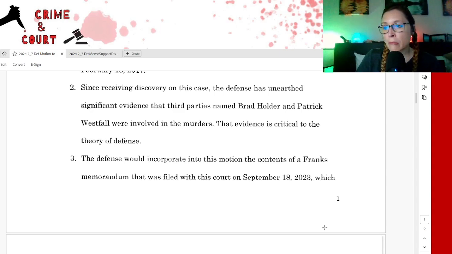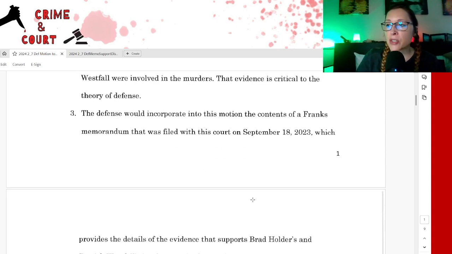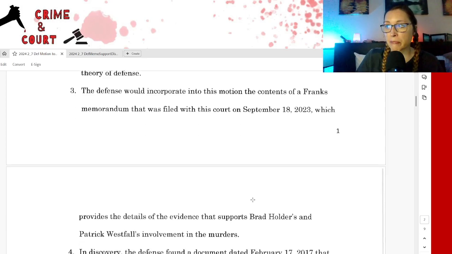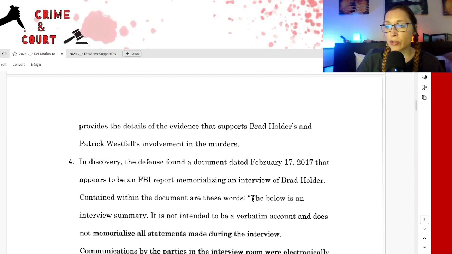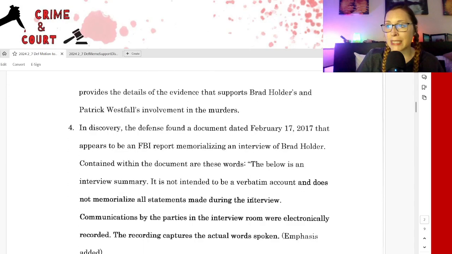Number 3, the defense would incorporate into this motion the contents of a Franks memorandum that was filed with the court on September 18th, which provides the details of the evidence that supports Brad Holder's and Patrick Westfall's involvement in the killings.